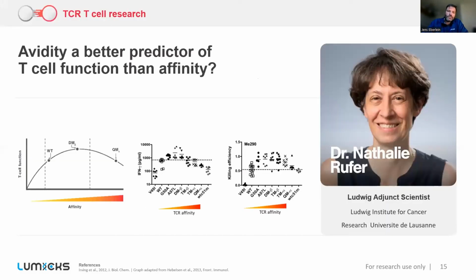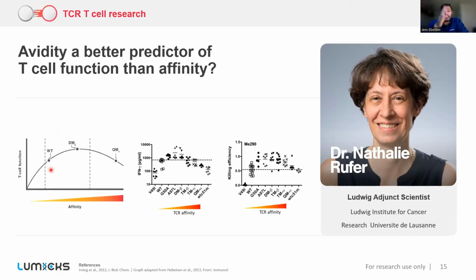I want to start off with an example out of the TCR field. This was done by Natalie Rufer from the University of Lausanne, where she was interested in engineering an NY-ESO specific TCR. So she had a wild type TCR, shown here on the left-hand side.